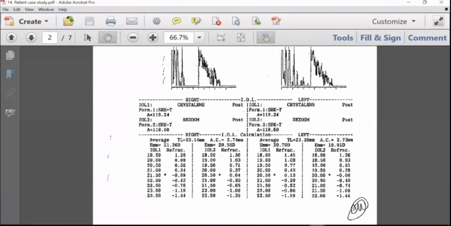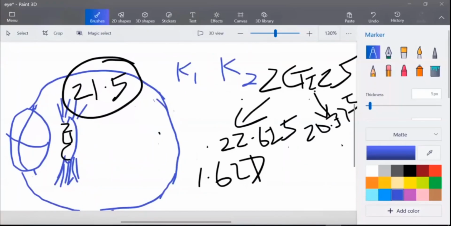That means the midpoint is slightly myopic, at minus 0.09 diopters. So if I draw the line just a little bit this side, slightly myopic is the midpoint, because it's a 21.5 diopter lens.